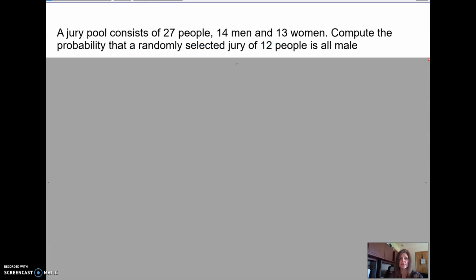Let's take a look at another. This one says we have a jury pool that consists of 27 people, 14 men and 13 women. Compute the probability that a randomly selected jury of 12 people is all male. Again, I'm looking for the number of ways I can get a favorable outcome, 12 men chosen for this jury, out of all the possible juries that we could have.